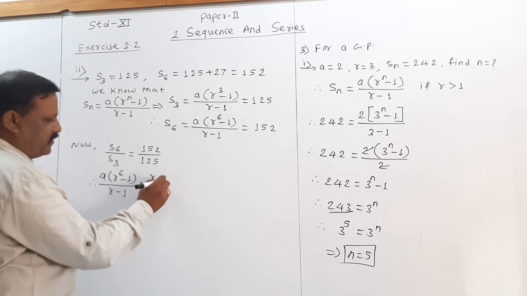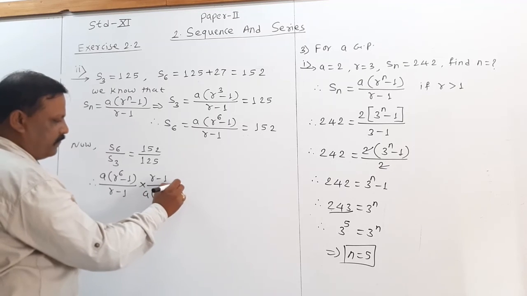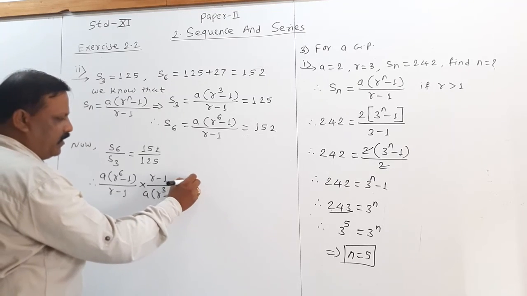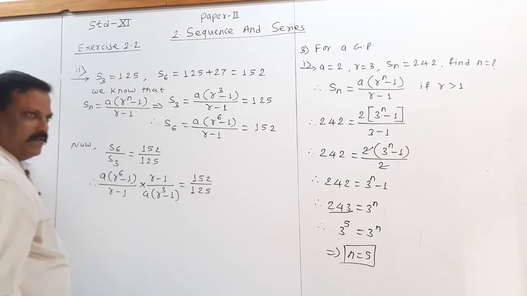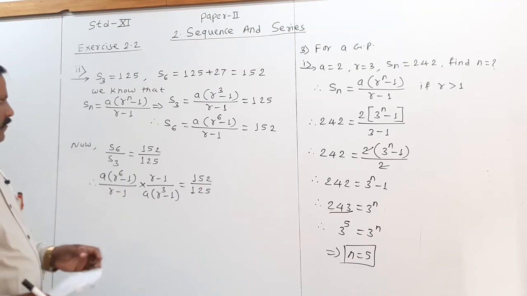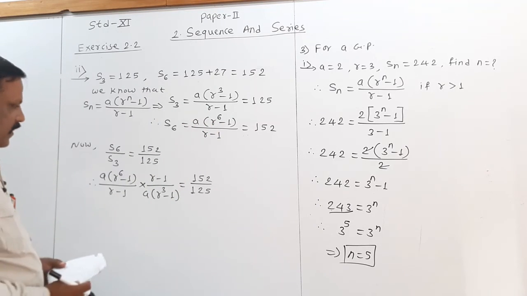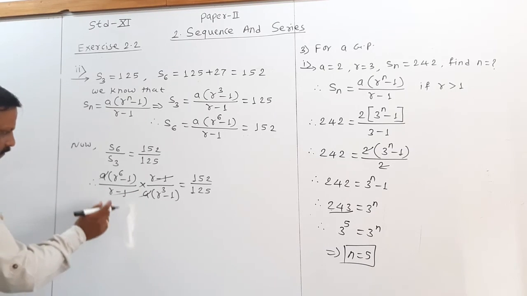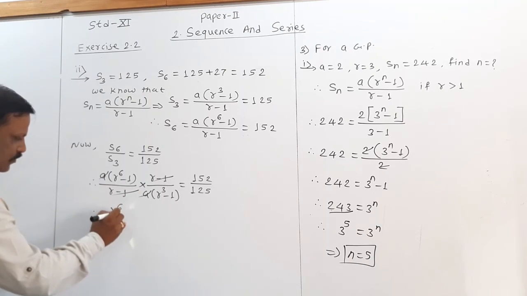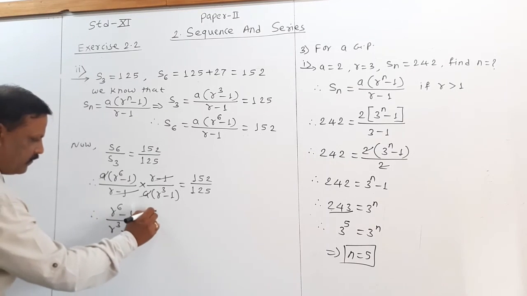So R minus 1 upon A into the bracket R cube minus 1 equal to 152 divided by the 125. इथे काय करायचं, ह्या सेकंड टर्मचा रेसिप्रोकल येतो. These two are cancel, A and A cancel. We get R raised to 6 minus 1 upon R cube minus 1.